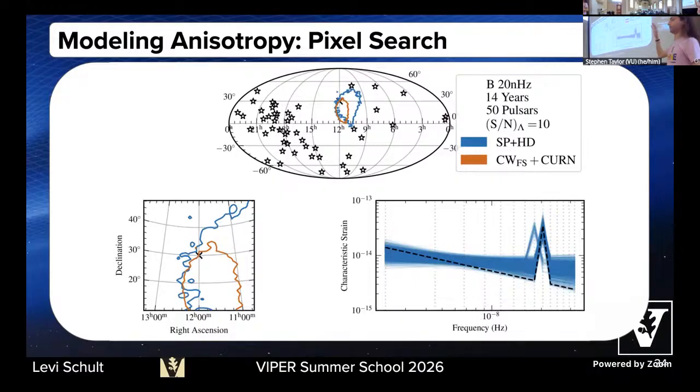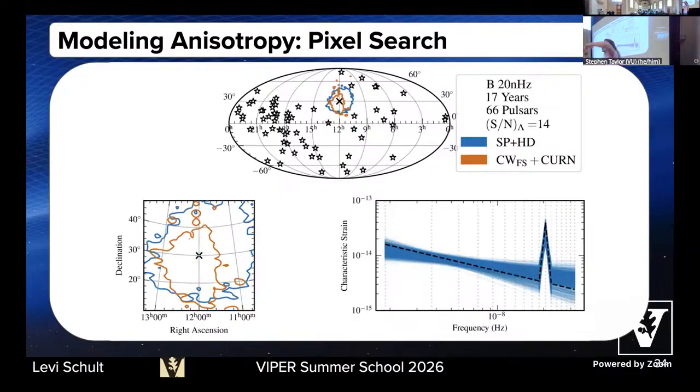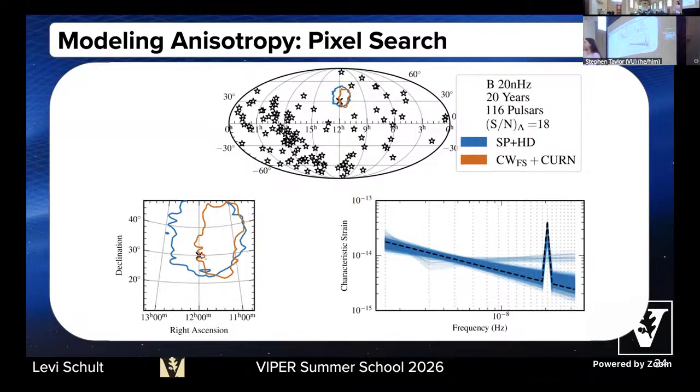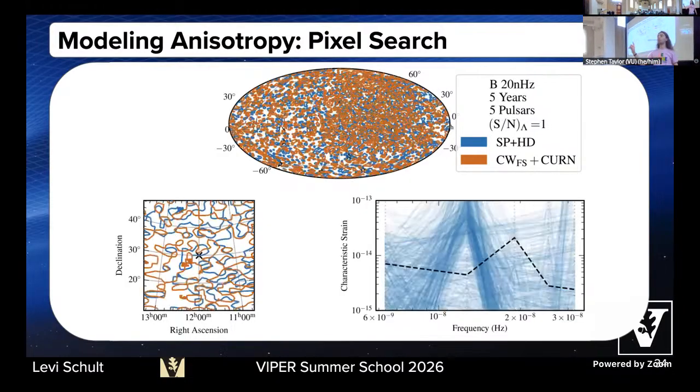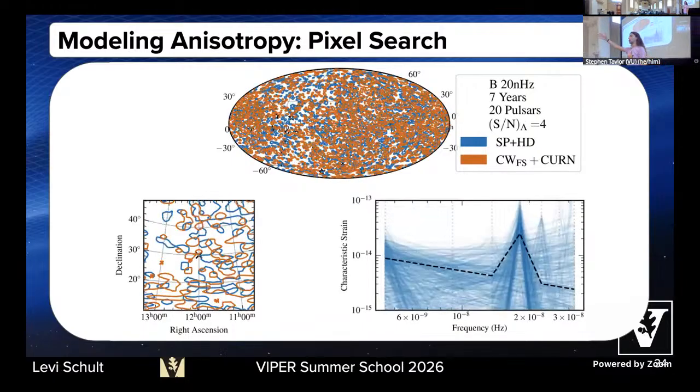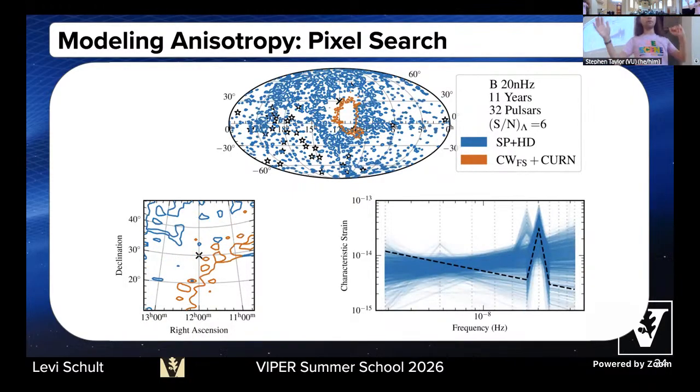So here you're seeing in blue, the SP plus HD method is saying, I'm modeling this gravitational wave background with a single binary injected on top. And I'm modeling that by saying we have Hellings-Downs correlations that, ideally, take care of the gravitational wave background. But we know there is one binary that's loud enough on top, creating some extra anisotropy. So we search where on the sky this gravitational wave power is coming from.